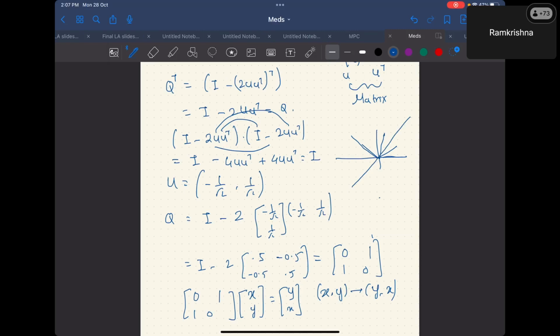So you can see that if xy is 1, 1, then I'm just around this line. There is no reflection anymore. So this particular expression, q is 1 minus 2u u transpose. This is also called the reflection operation or the reflection matrix. Okay, so these are examples of q.